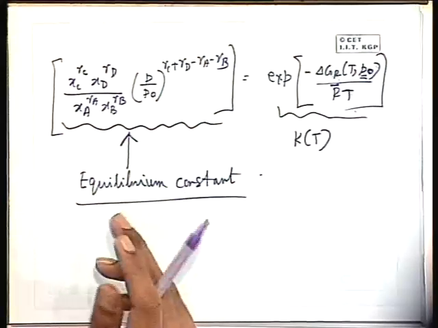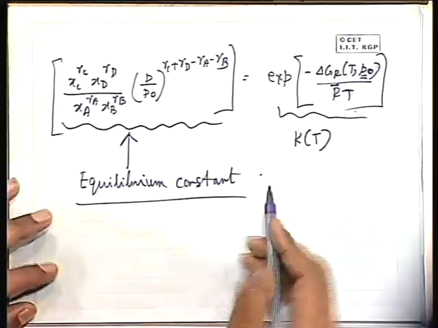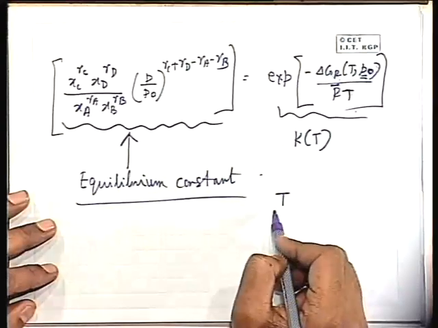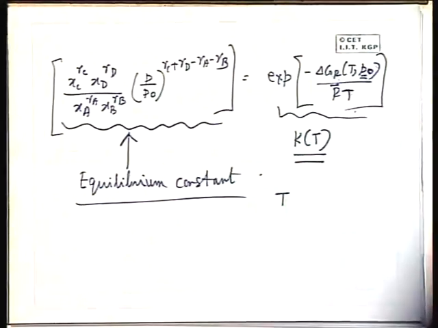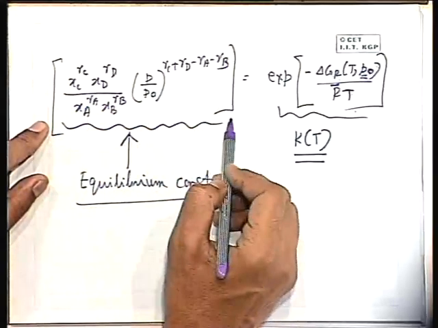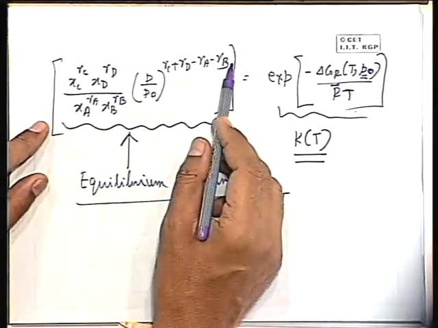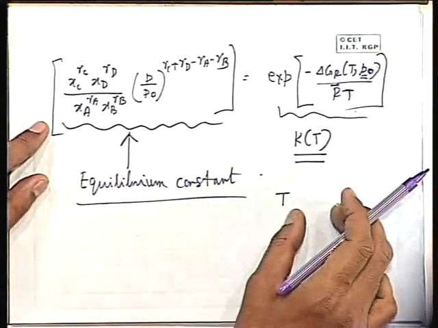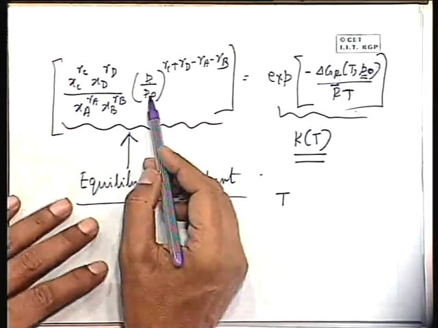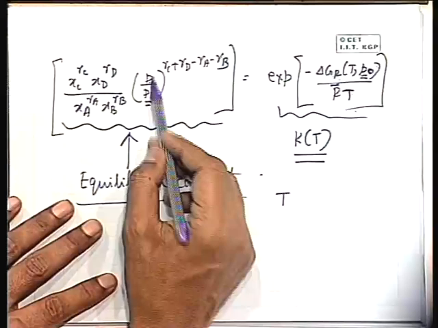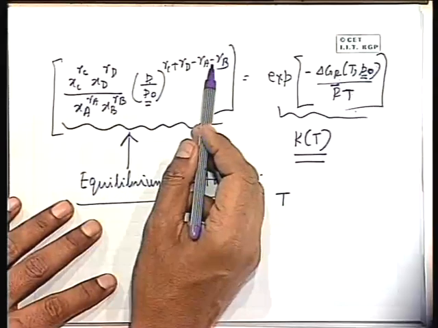That means for a reaction at equilibrium, if the temperature is known, I know the equilibrium constant. If the equilibrium constant is known from any tabulated values, then I know that this equilibrium constant equals this. That means this gives a constraining equation if I know the pressure. If it is atmospheric pressure or standard pressure, then this part is 1, otherwise this will give a numerical value.